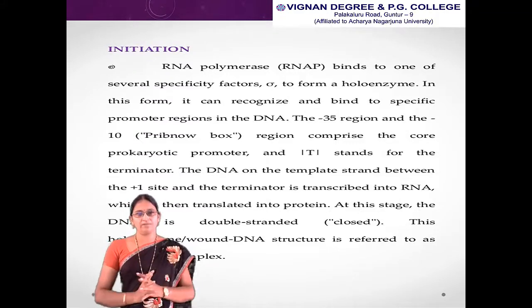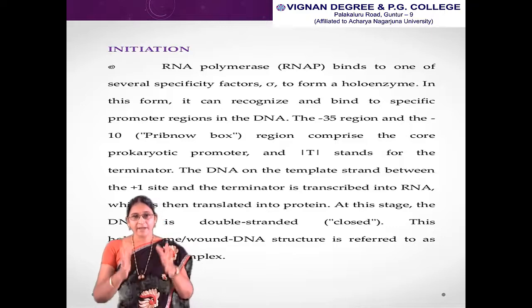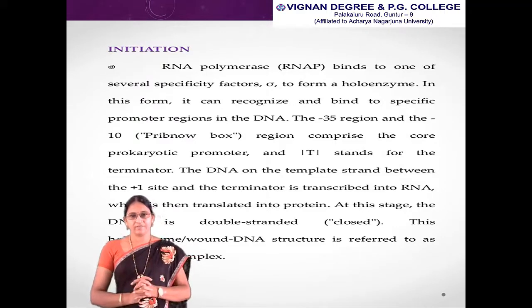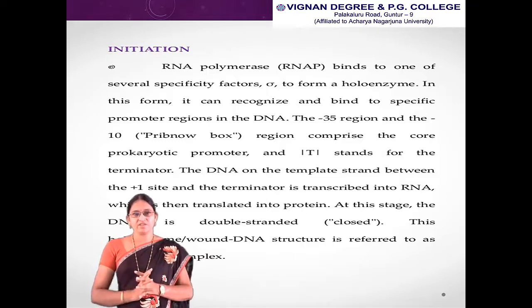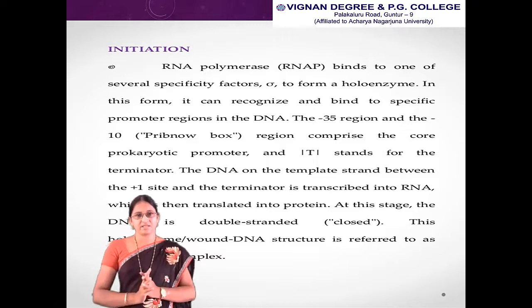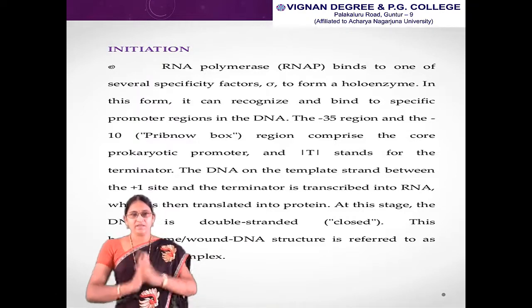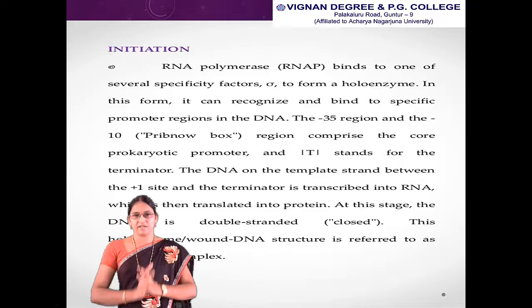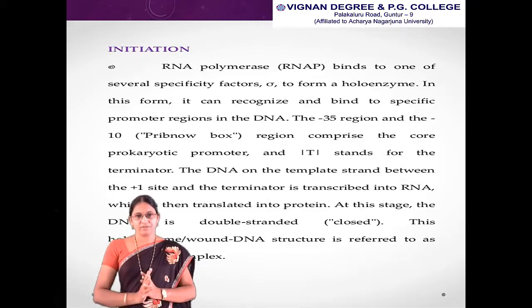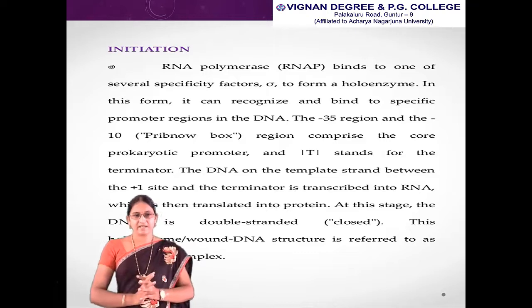In this form, it can recognize and bind to specific promoter regions in the DNA. What is the promoter region? It initiates the transcription, and is found upstream from the transcription start site. The promoter regions contain some conserved sequences, namely the -35 region and the -10 region.